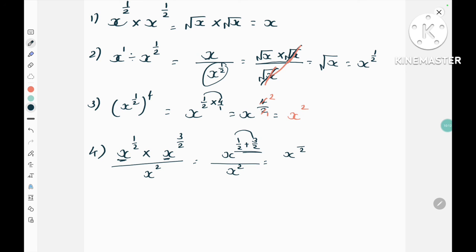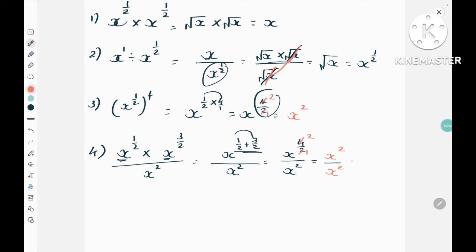We add the numerators, so 1 plus 3 is going to be 4 over 2. Again the same situation, we can cut down: 2 times 2 is 4 and 2 times 1 is 2. So 2 over 1, and 2 over 1 means we can avoid the denominator if it is 1, right?